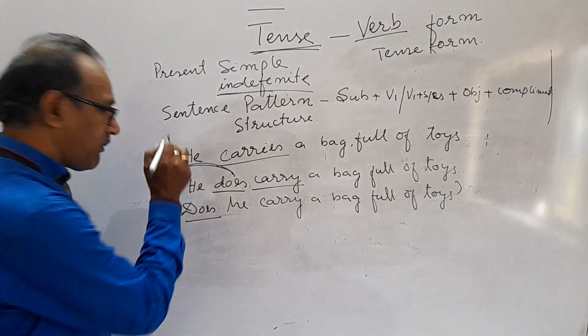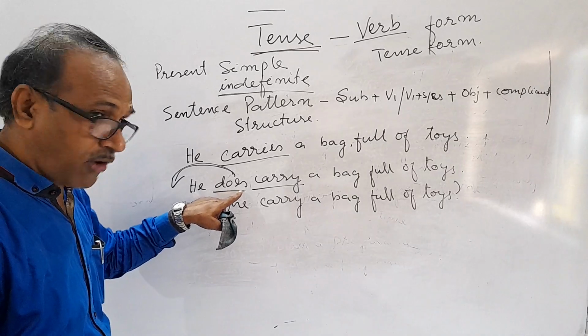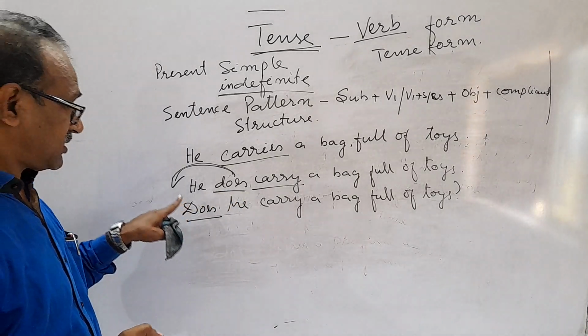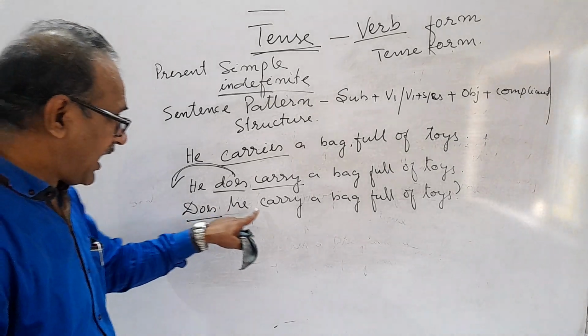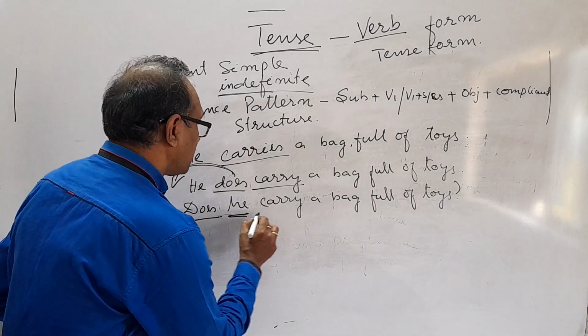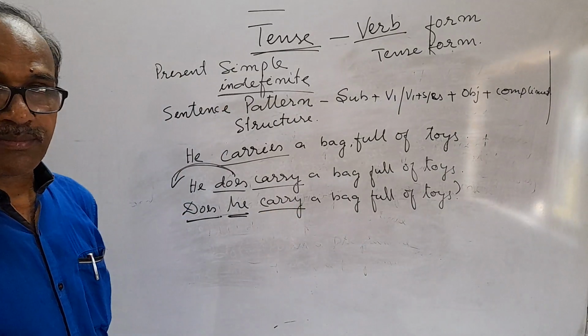We have to use the common helping verb in the beginning of the sentence, and the subject will be between the helping verb and the main verb.